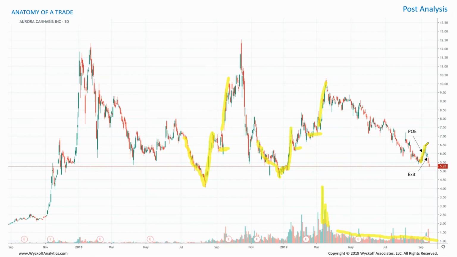And then this is what got me in, the beginning of the rally. And that's what kind of attracted my attention throughout the whole group, not just in the Aurora, but actually the whole group kind of looked the same.